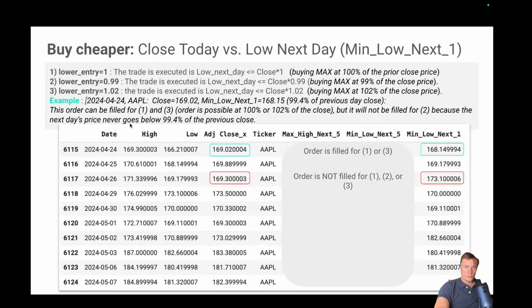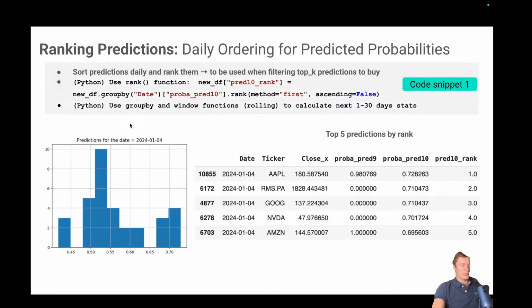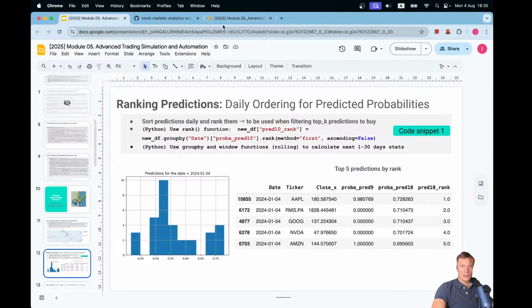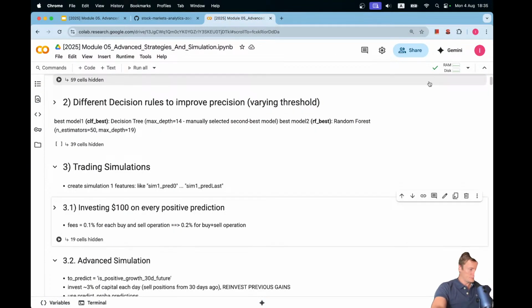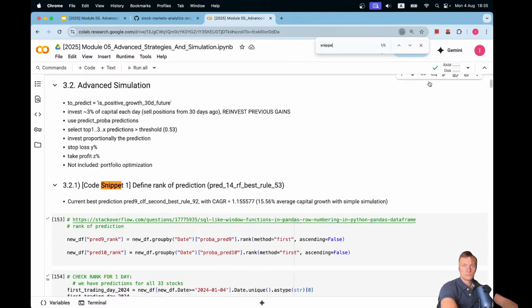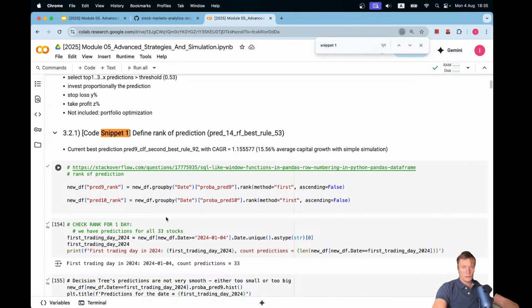Okay, let's look at what we see in the code. You can define as many columns as you want. It is one line of code, and immediately you can rely later on this column to make simulations.